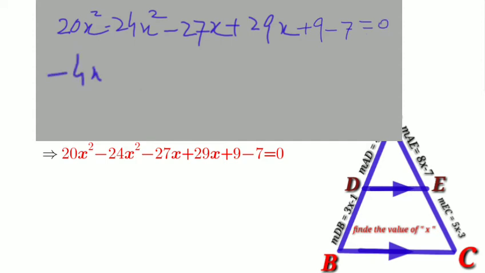So this equation becomes minus 4x square plus 2x plus 2 is equal to 0.